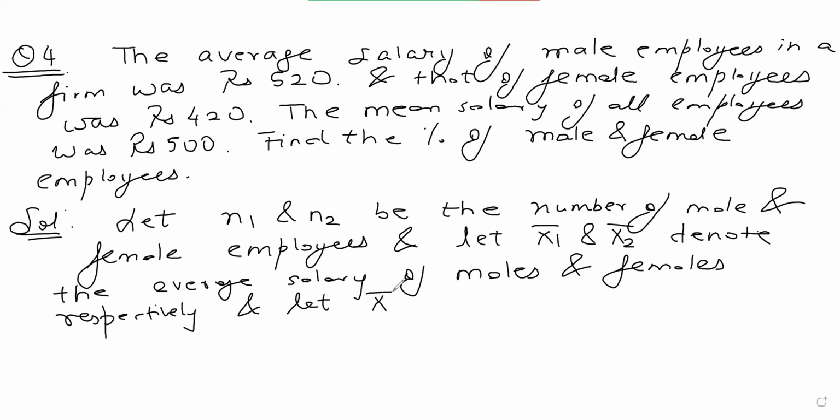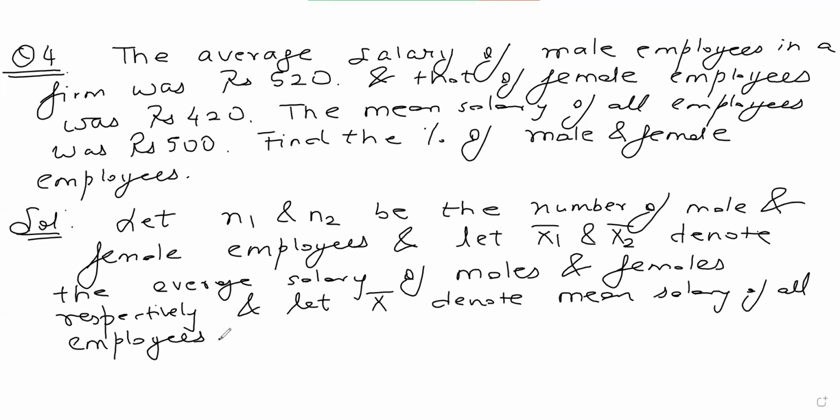And let X bar denote the mean salary of all employees. Now remember the concept of combined mean. We have done this at high school level, in stats and economics. How do we find combined mean? X bar is my combined mean.